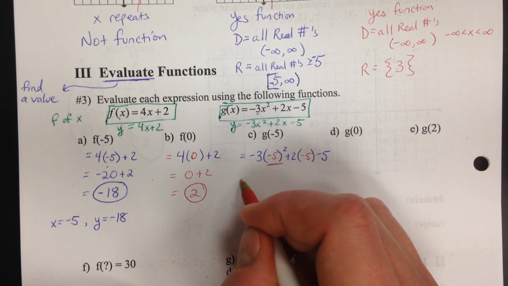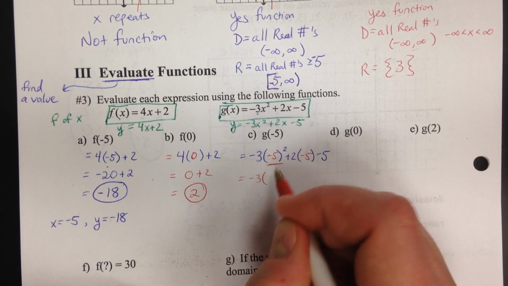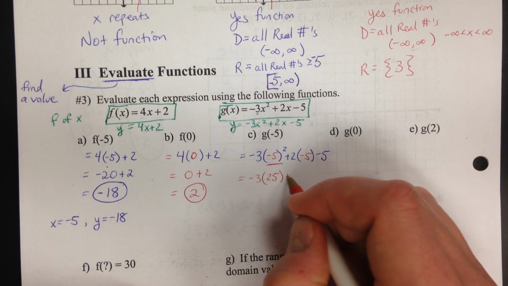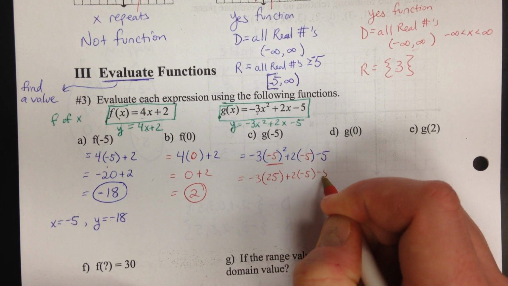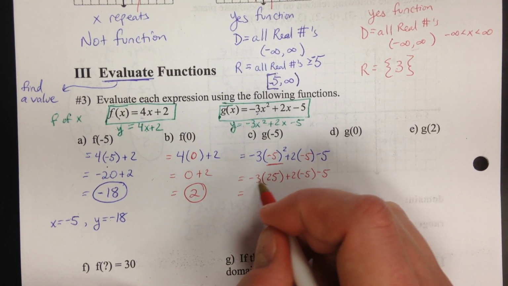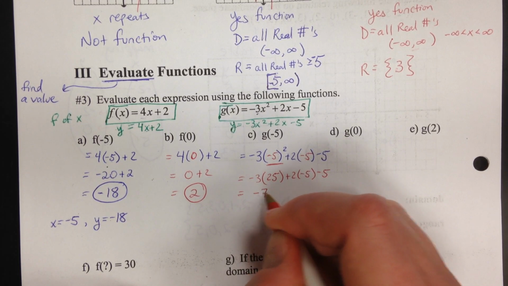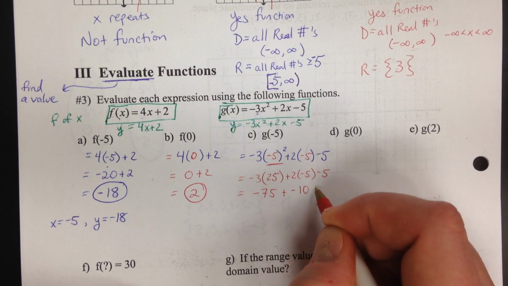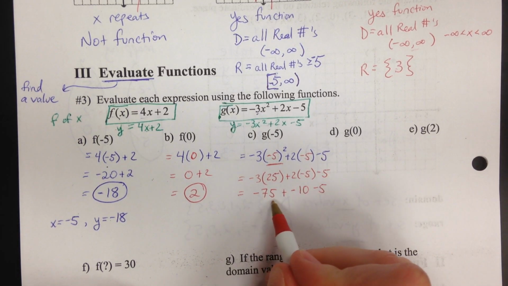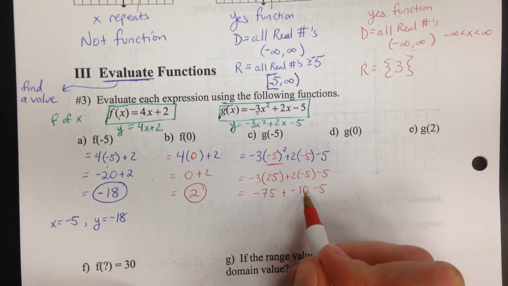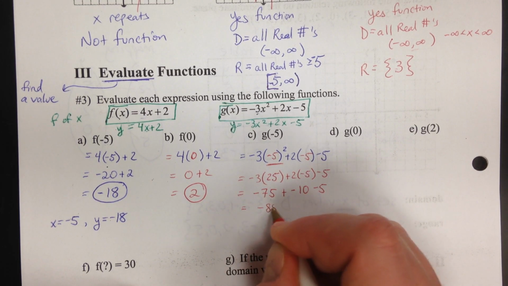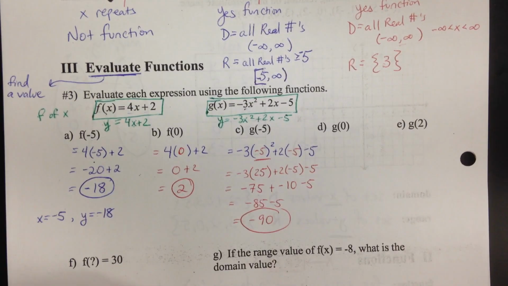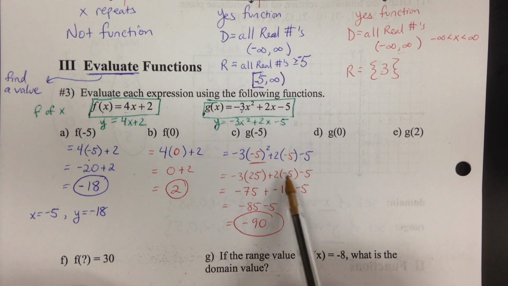So we're going to square negative 5. When you square a negative, that's a negative times a negative, so that's 25. Plus 2 times negative 5 minus 5. Now we're going to multiply. Negative 3 times 25 is negative 75. We're also going to multiply 2 times negative 5, which is negative 10, minus 5. And the last thing we'll do here, negative 75 plus negative 10 is negative 85, minus 5, and the answer is negative 90. So there's a little bit more work to do there.